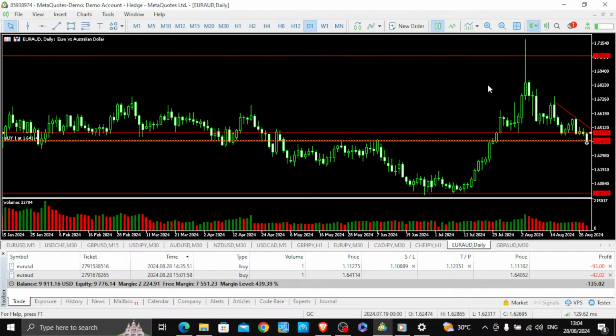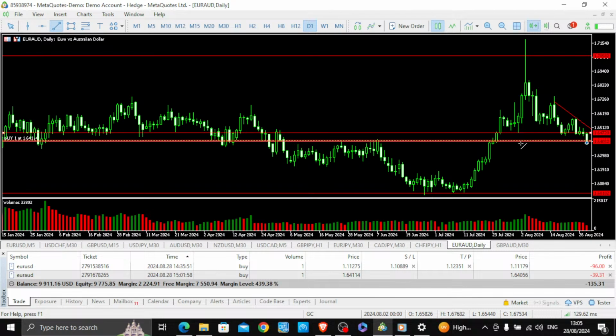If it breaks down maybe to this area, then we wait for a pullback to this zone before we sell. That is it.